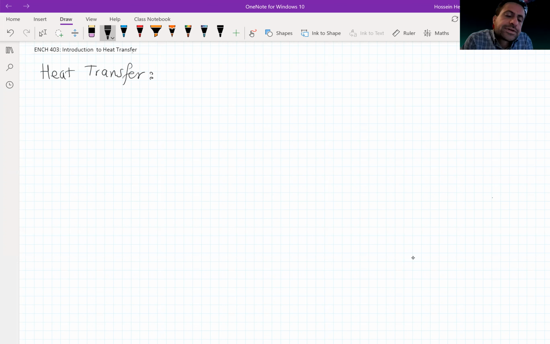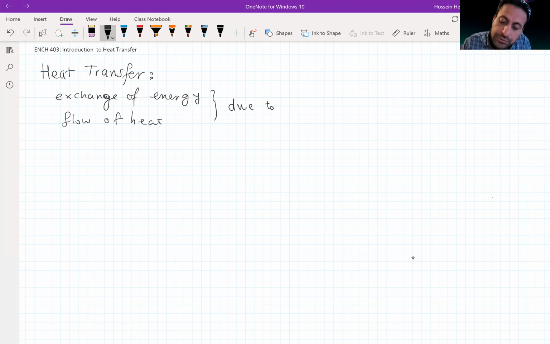So heat transfer, in simple words, refers to the exchange of energy or flow of heat due to a temperature difference.